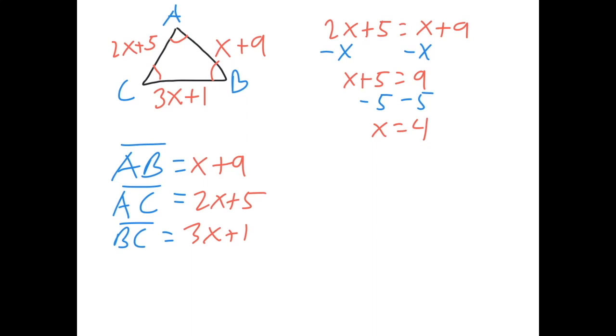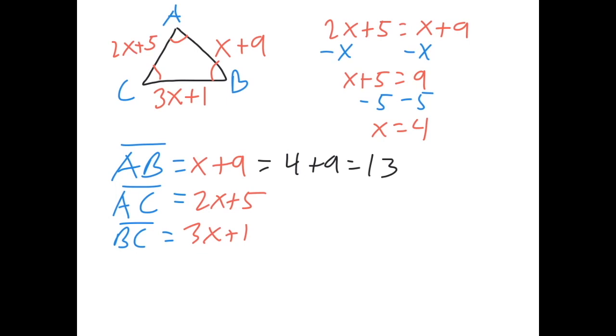So we can plug in x into all these, and we'll end up getting 4 plus 9, which is 13, and well, if all the sides are equal, we know that all of them will be 13.